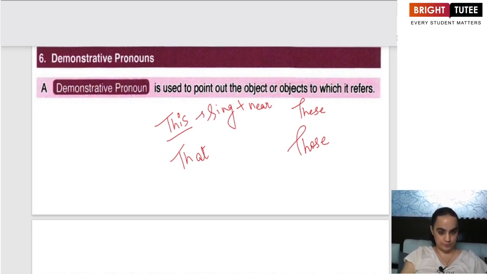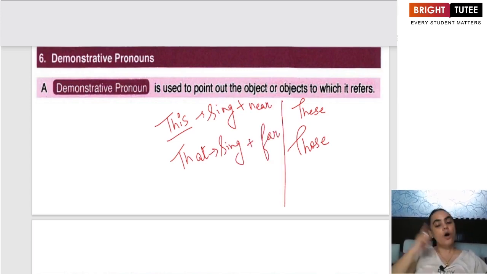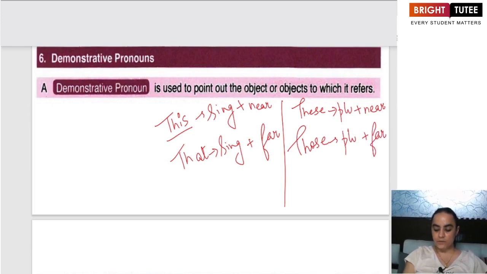And that is used for something which is singular but is far. On the other hand, these is used for something which is plural and near. And those is used for something which is plural and far. So this is the difference. These are the 4 demonstrative pronouns.